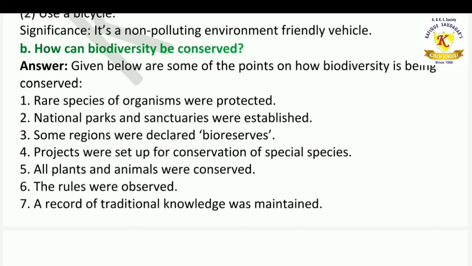Some regions were declared bioreserves. Projects were set up for conservation of special species. All plants and animals were conserved. The rules were observed. A record of traditional knowledge was maintained. So, understood, children?